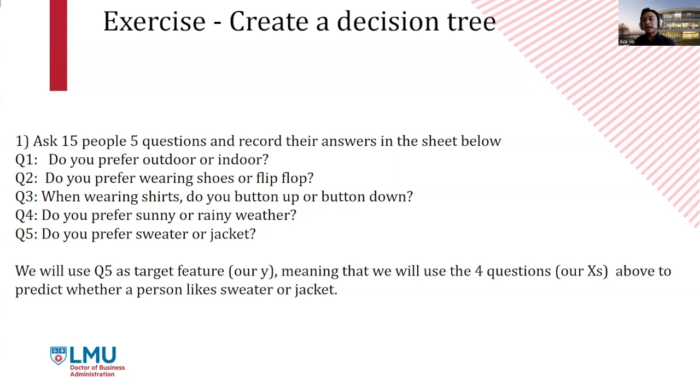This would be our target feature. I'm going to ask you 4 questions on top, however funky they might be. Those 4 questions will be the decision points we use to predict whether you are a jacket or a sweater person.